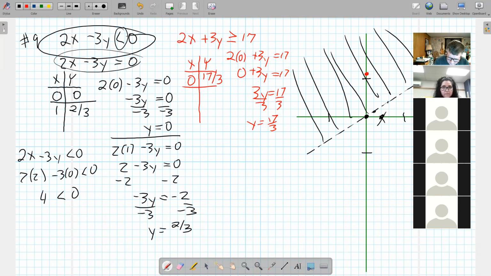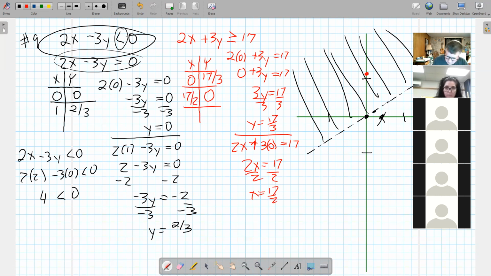Let's make y 0 and see what happens there. So then we get 2x plus 3 times 0 equals 17. 2x equals 17. X equals 17 halves.